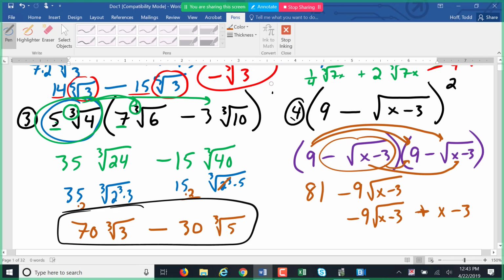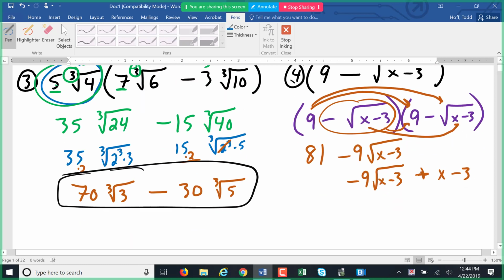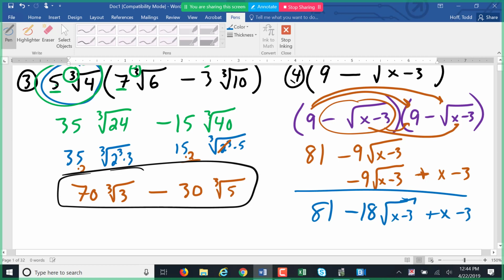So a little bit of simplifying to do here. Negative 9 and negative 9 make a negative 18 times the square root of x minus 3. We got plus x minus 3 over here. The negative 3 will combine with 81 to make 78 minus 18 times the square root of x minus 3 plus x.